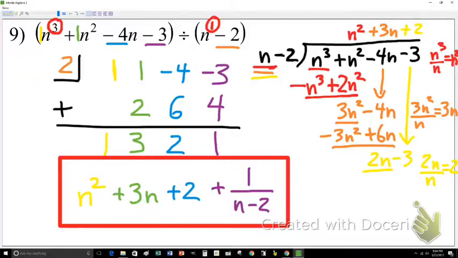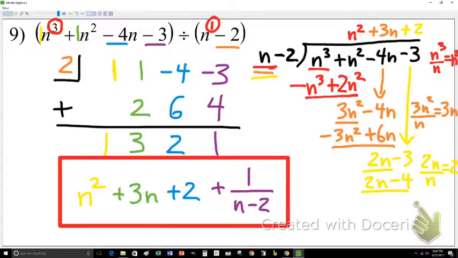I once again multiply that by that whole binomial there, and the result goes underneath here. Okay. So 2 times n would give me 2n, right? And then the 2 up there at the top times the negative 2 in the binomial gives me negative 4.